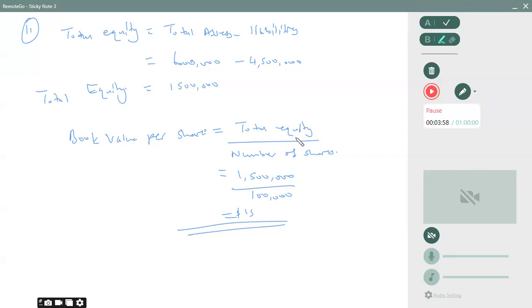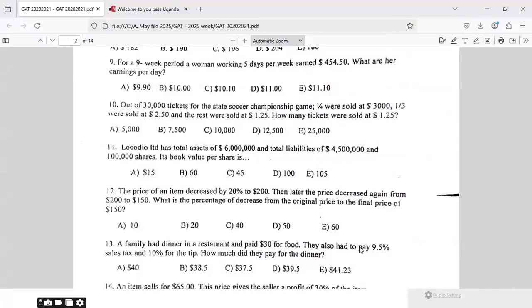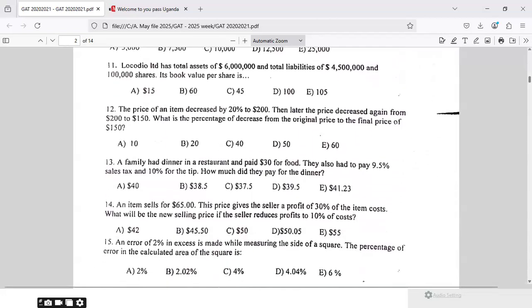Okay, let's now get some skills on question 12. So there the answer, I think it was A.